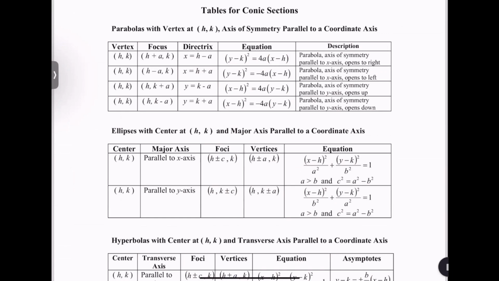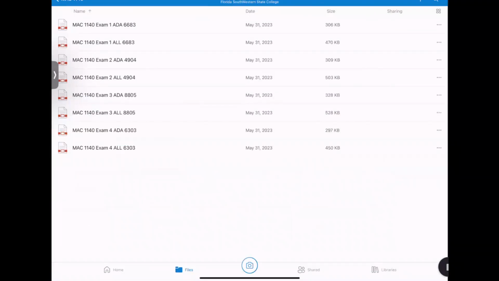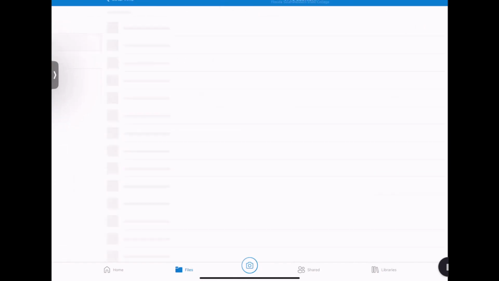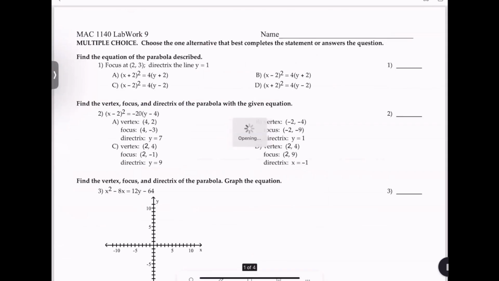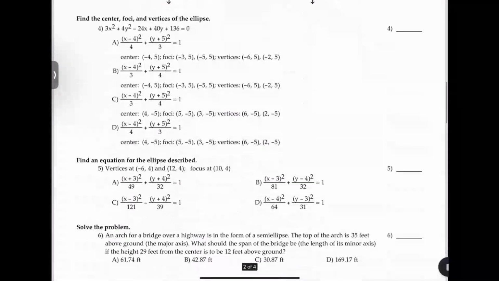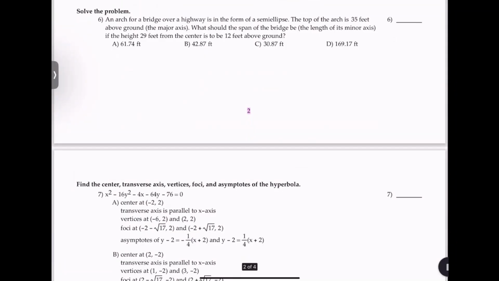Okay? Can you go through number 6 on the lab work? Number 6 on the lab work. This one right here? Okay. A semi-ellipse.